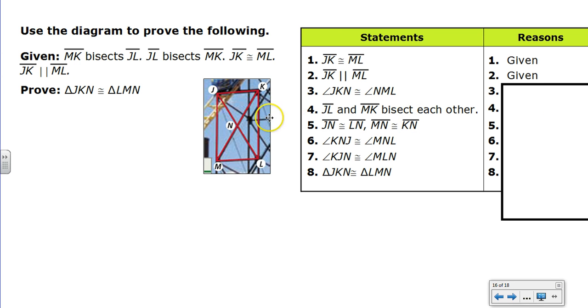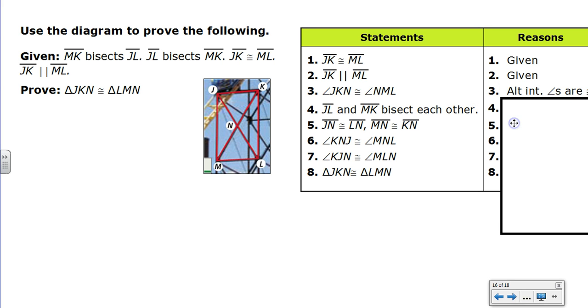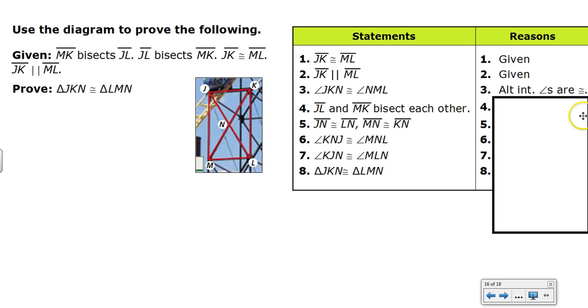And now let's look at angle JKN. So this angle here is congruent to NML. And this has to do with these parallel lines, right? We would call this angle and this angle alternate interior angles, which are congruent. Okay, let me see if I can spread this out a little bit.